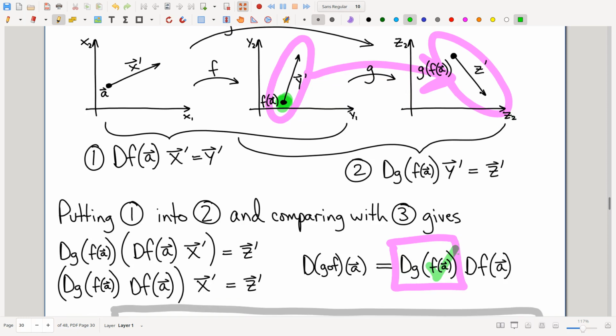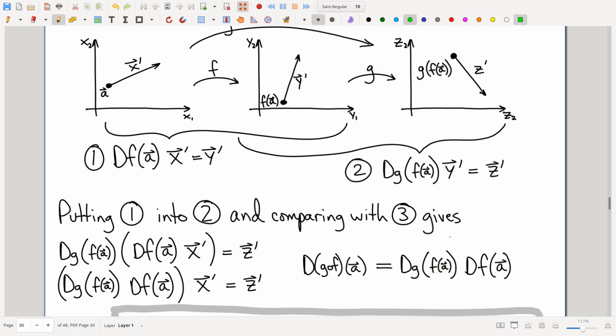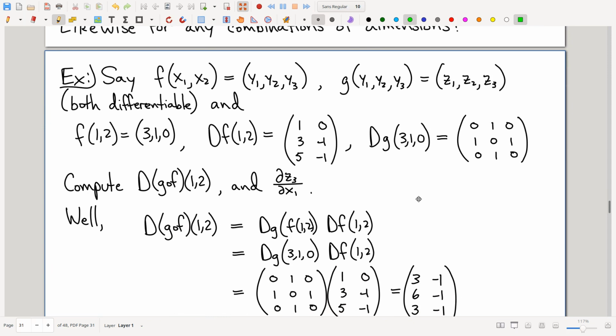The dg matrix has to be evaluated at f of A because that's the only thing that makes sense. Okay, now that we've got that done, let's proceed to see an example.